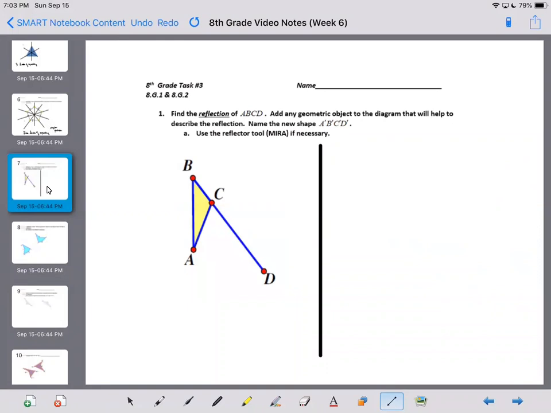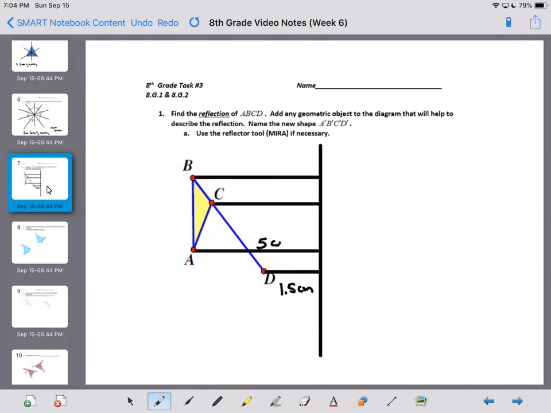And then you take your centimeter ruler and measure each point to that line and figure out the measurements. Okay, so let's just say that D was 1.5 centimeters. And segment A was 5 centimeters. And segment B is also 5 centimeters, and we'll say C is 4 centimeters.